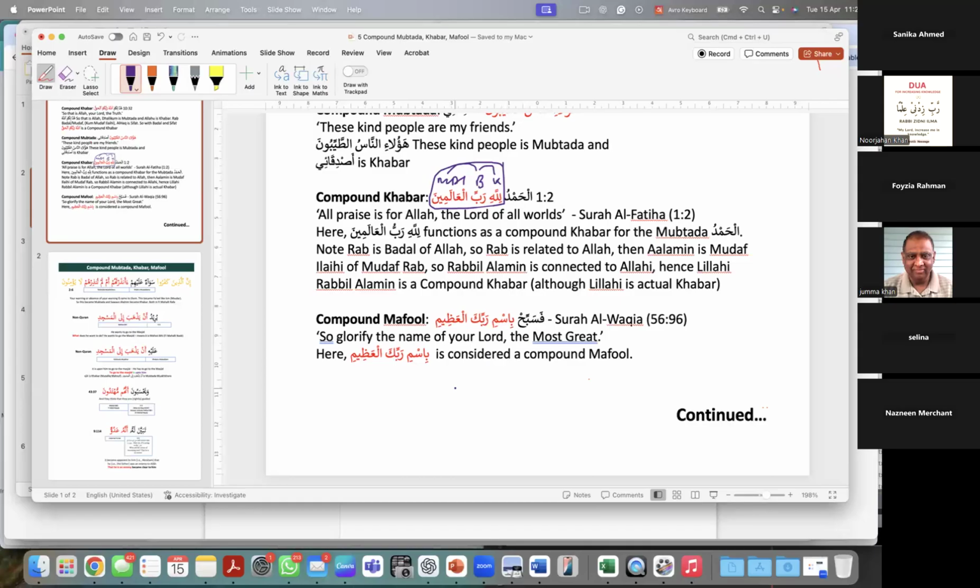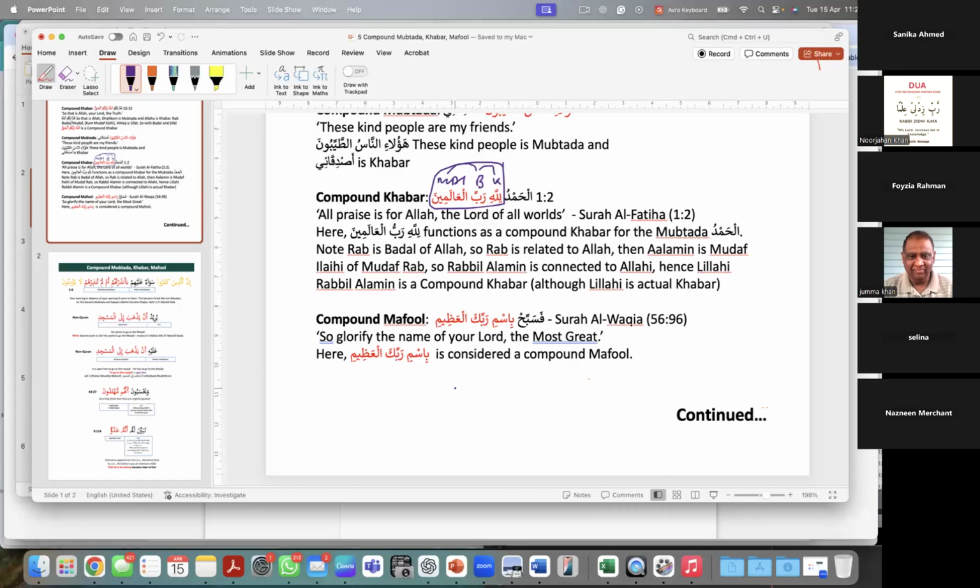We cannot change anything, but it means glorify in the name of this. If you ignore the ba, then you'll say glorify the name of your Lord. Then sifat is azim, and together azim and Rab are connected, and ka is connected with Rab as a mudaf ilayhi, and ism is connected to Rab, and as a result of that it's Rabbi.